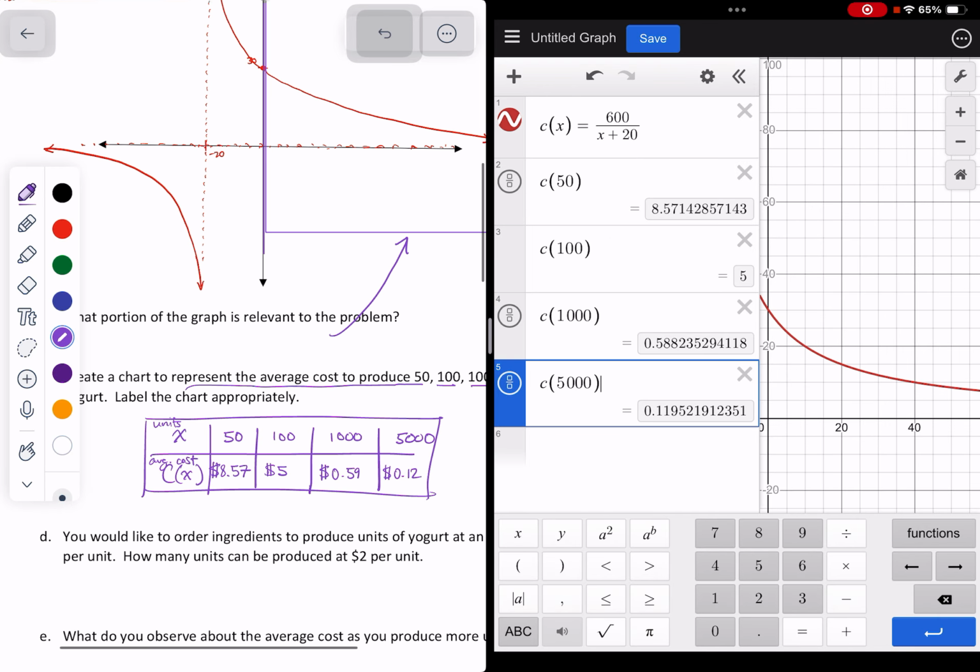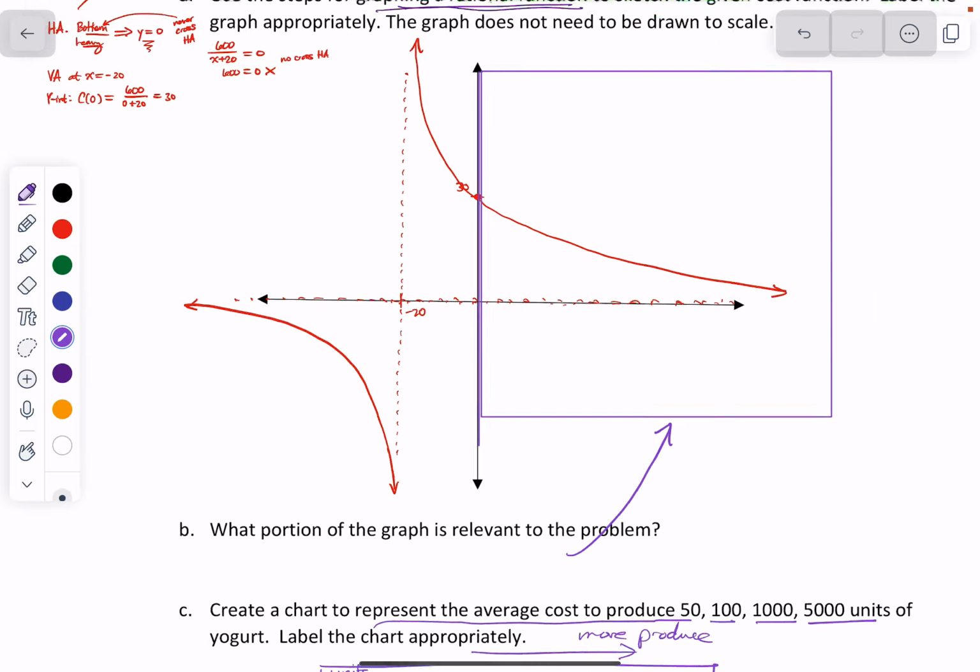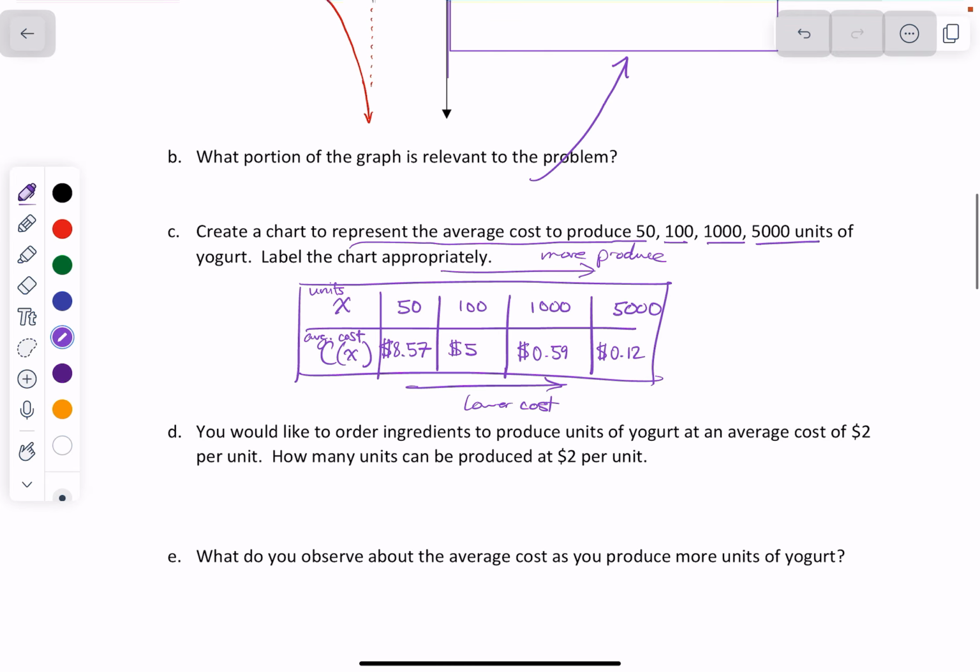All right, so this idea that the more you produce, the lower the cost. This is the idea of economies of scale. Because essentially, your overhead typically stays roughly constant, but if you can produce more things for the same overhead, you can charge a lower price to recoup your money or to maximize your profits or whatever.